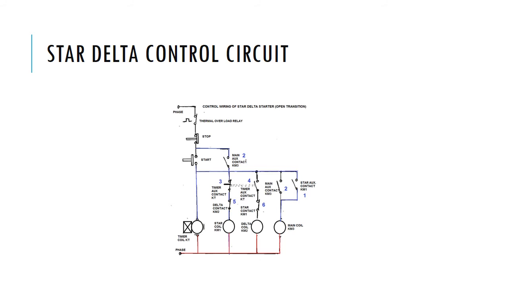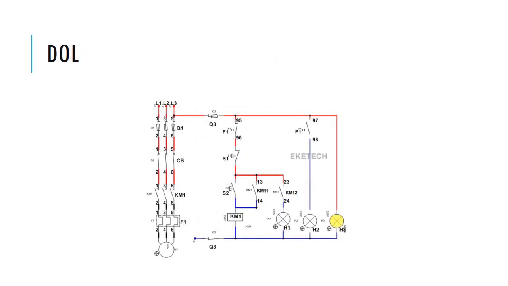Hence, we will not have any current flowing through the star coil of the contactor. That means that the star contactor will be de-energized. The same principle will apply on the delta contactor while the star contactor is energized.